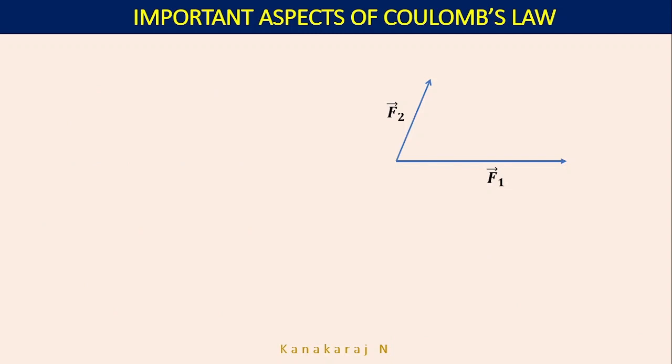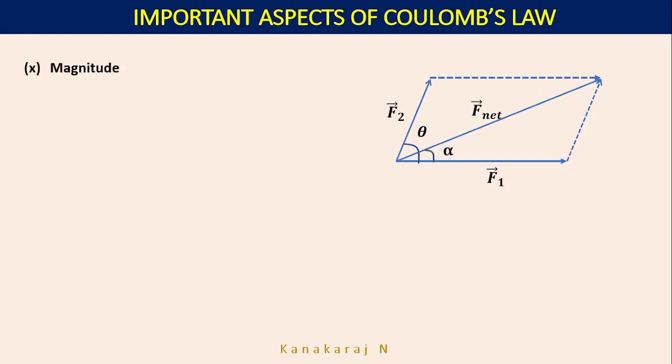F1 is one electrical force, F2 is another electrical force. They have an angle theta. The second force is moved so that its tail meets the head of the first vector, and let us connect the tail of the first vector to the head of the second vector. We get the resultant force F net, which makes an angle alpha with the F1.